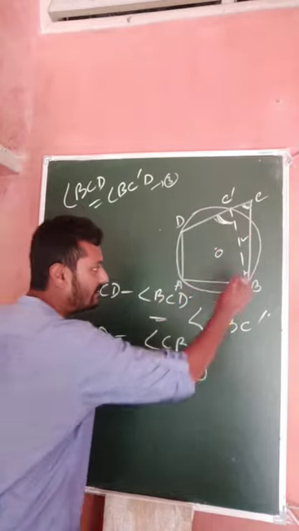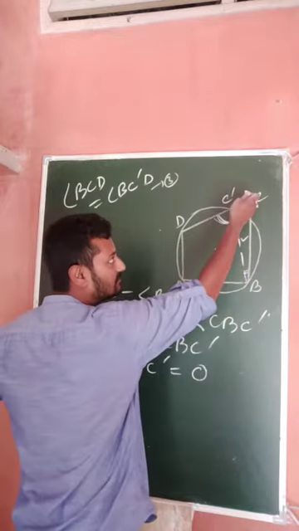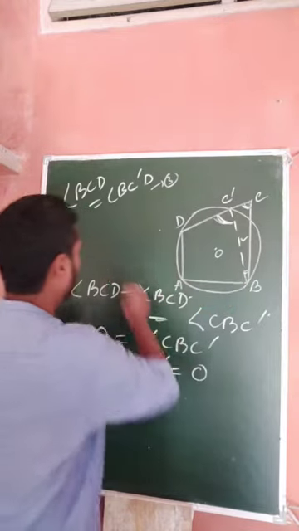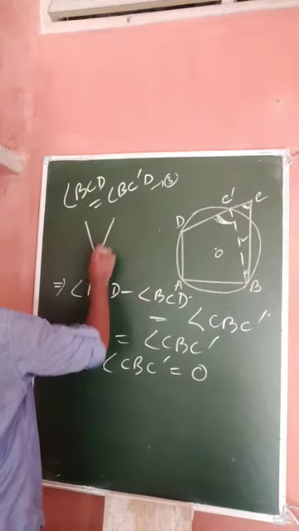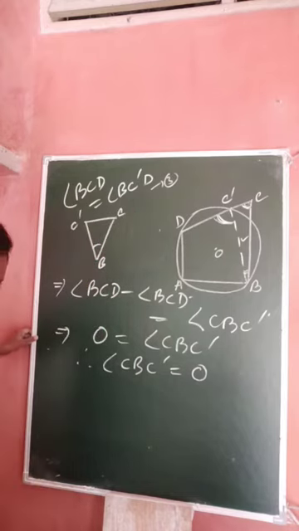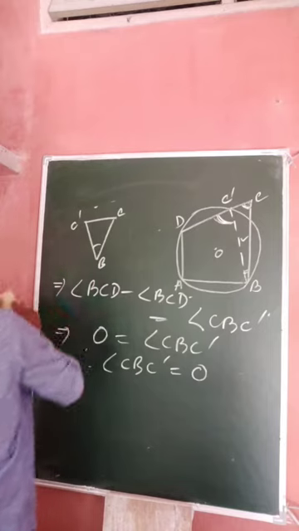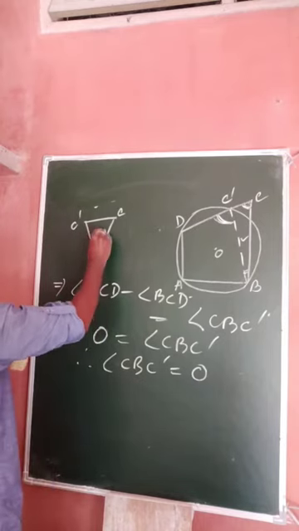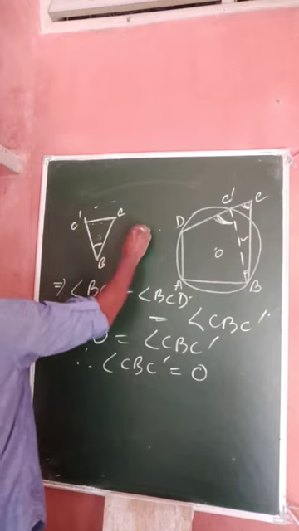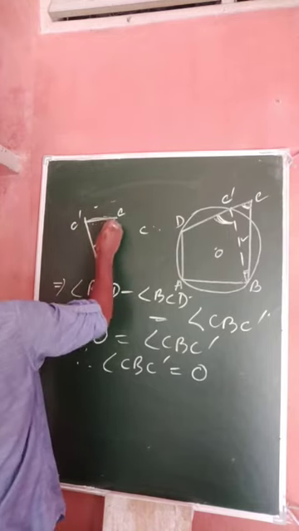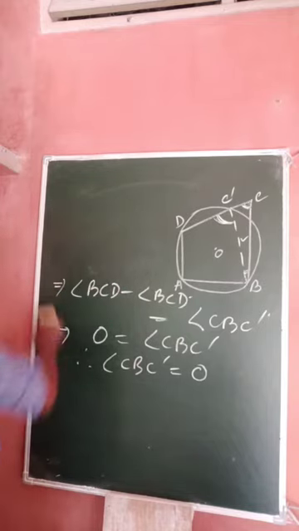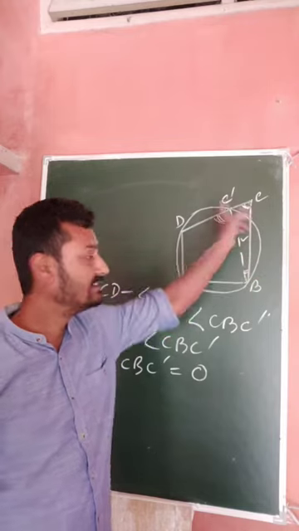If this angle becomes 0, then point C and point C dash will coincide. Look, this is point B, this is point C, suppose this is point C dash. If the value of this angle becomes 0 degrees, this line must go along the same line, so these two points coincide. Clear? If the value of this angle is 0, then C and C dash must coincide.